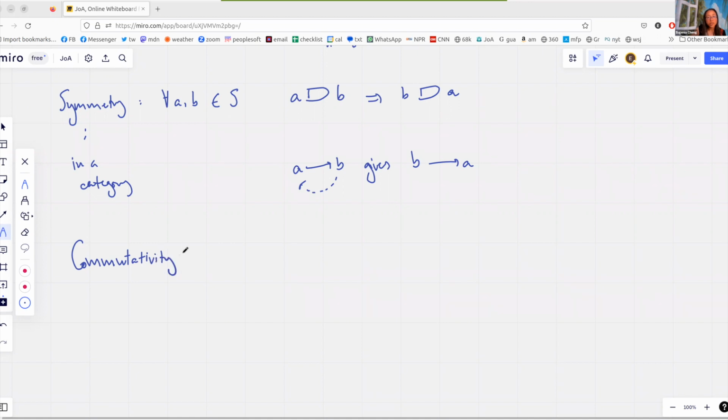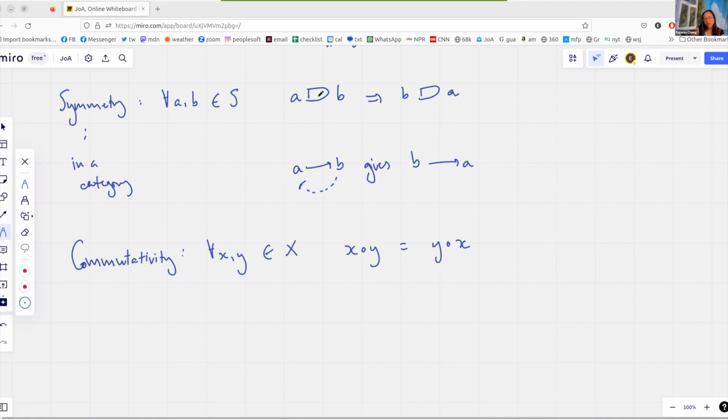Commutativity says for all X and Y in whatever structure it is you're thinking about, X and then some binary operation with Y equals Y and some binary operation with X. And so there is a symmetry in this situation because X and Y are playing symmetrical roles. But symmetry for relations is not really the same kind of thing.